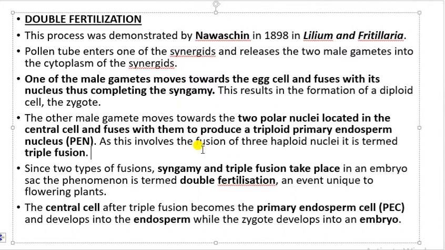Now the central cell after triple fusion becomes the primary endosperm cell, and this primary endosperm cell will further develop into the endosperm, and the zygote which has formed will develop into the embryo. So this is an important thing: the endosperm develops from the PEC, that is the primary endosperm cell, and the embryo develops from the zygote.